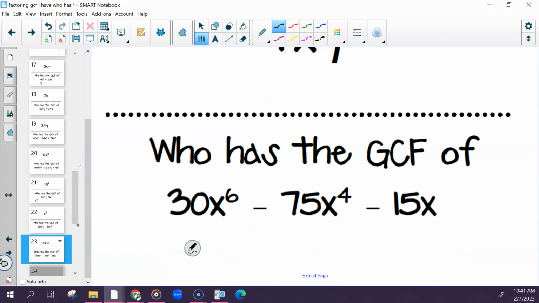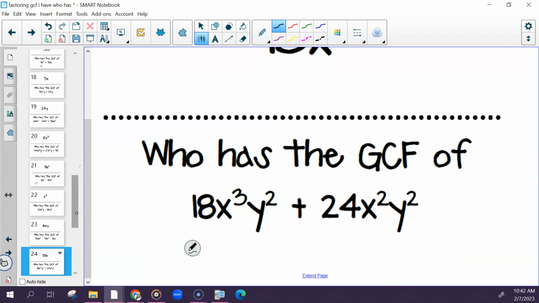What's the GCF of 30x to the 6th minus 75x to the 4th minus 15x? It is 15x. Do you have that one? Yeah. Okay.